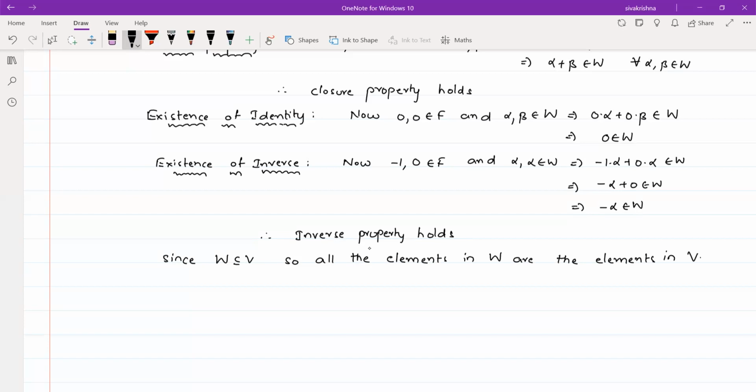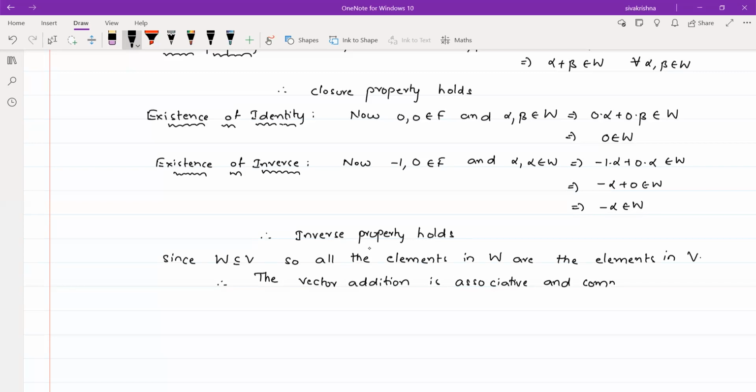Like the associative property, the commutative property also holds. So therefore we say that in W, the vector addition is associative and commutative.